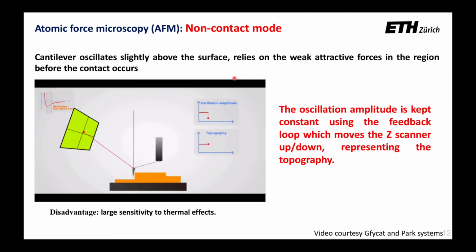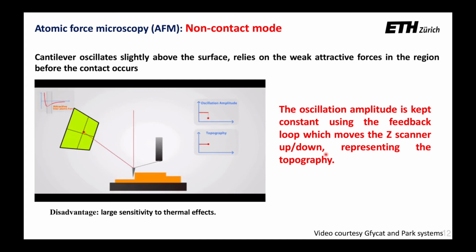So another mode is a non-contact AFM mode. So here the cantilever oscillates slightly above the surface, which relies on the weak attractive force in the region before the contact occurs. The oscillation amplitude here is kept constant using the feedback loop, unlike in contact mode where the deflection was kept constant.